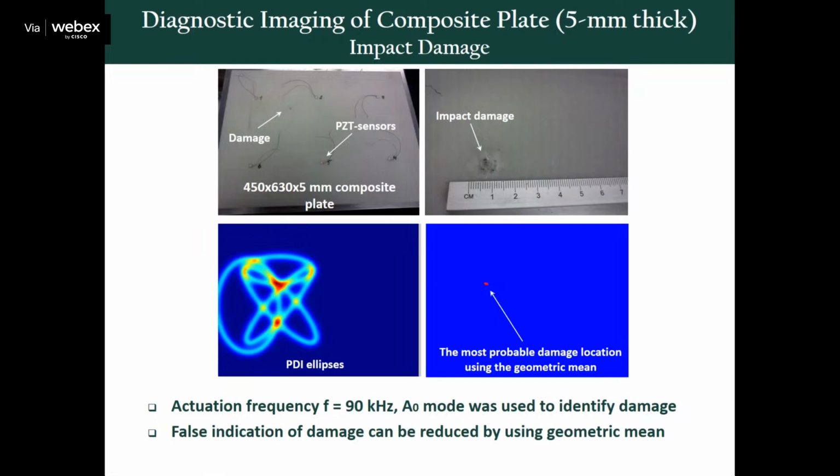Then you look at the data from each individual pair, and using the PDI, as I said, you are statistically determining the possible defect location on the ellipse.